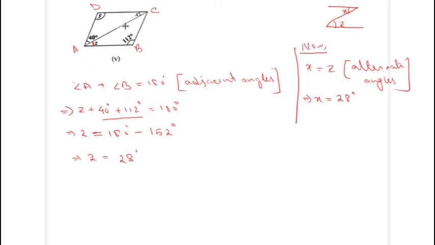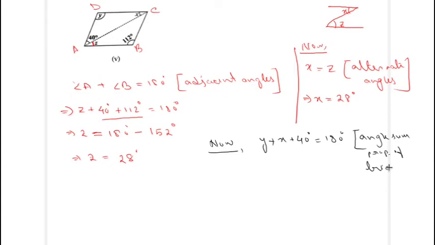Now see, the value of x we have got, this is y and this angle is given as 40, and see this is in a triangle or triangular shape. So here we will use the angle sum property of a triangle. We will write y plus x plus 40 degree is equal to 180 degree by using the angle sum property of a triangle.